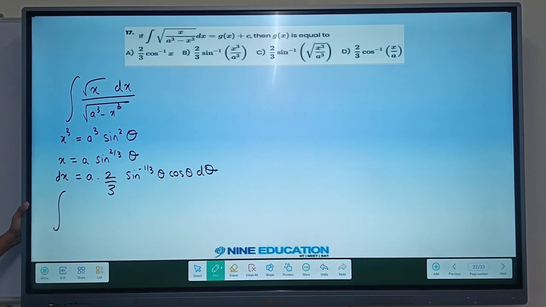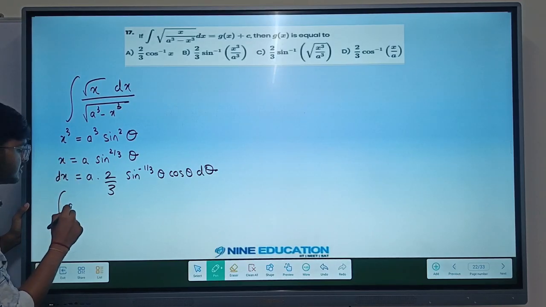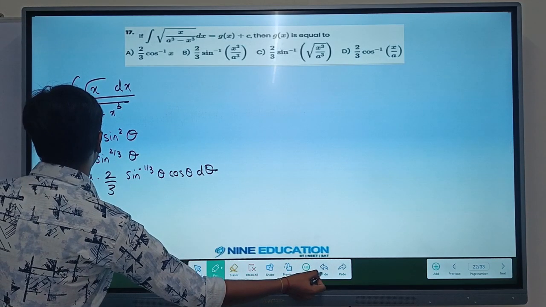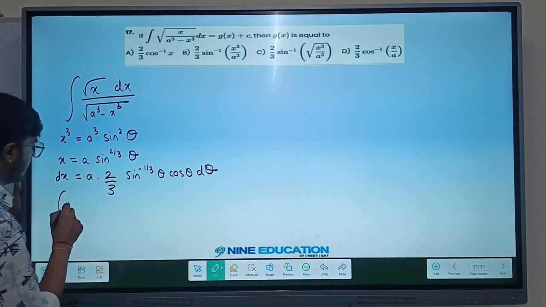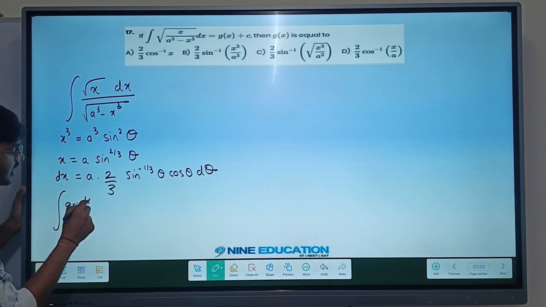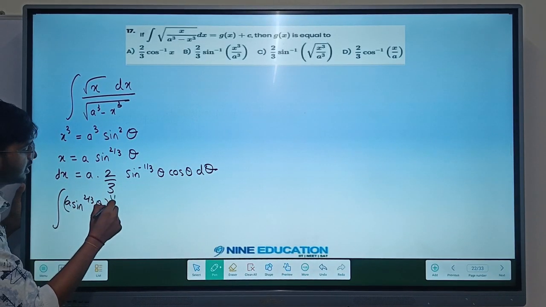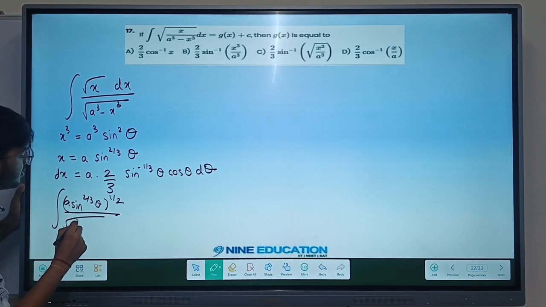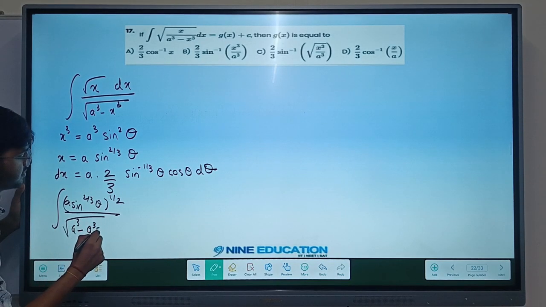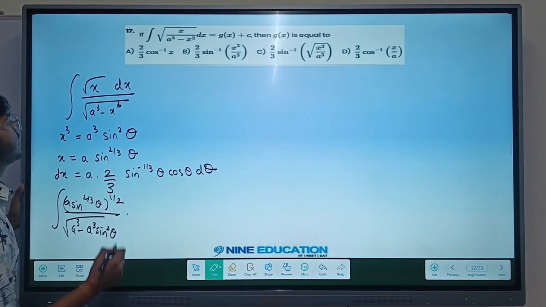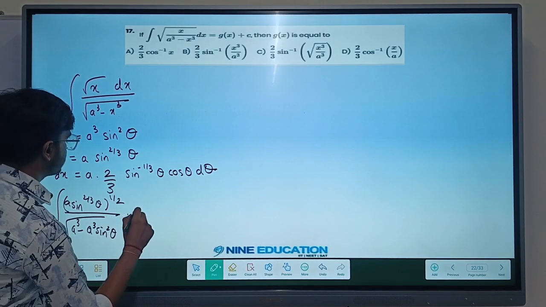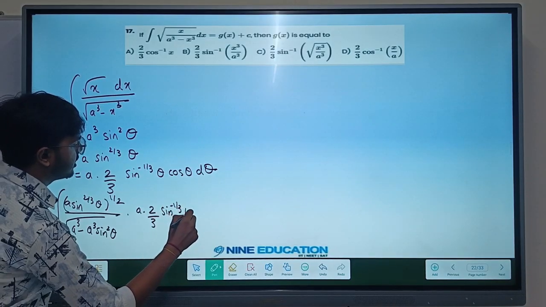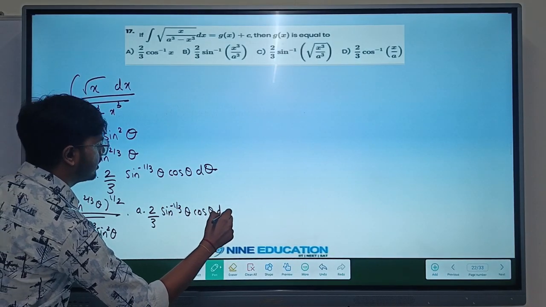So we'll have integration root x, so root of this, a power sine 2 by 3 theta power 1 by 2, divided by root of a cube minus x cube, which is a cube sine square theta, and what is dx? a times 2 by 3 sine power minus 1 by 3 theta cos theta d theta.